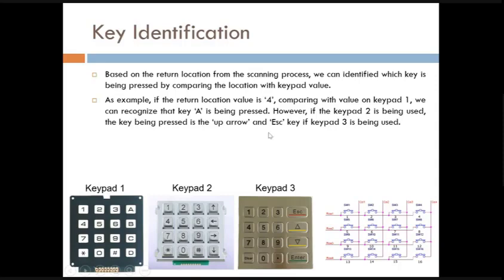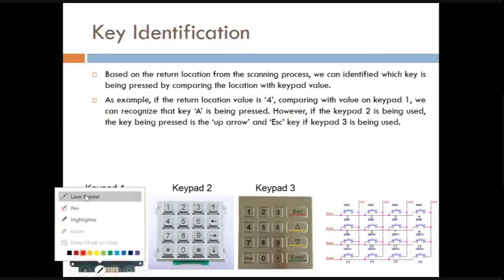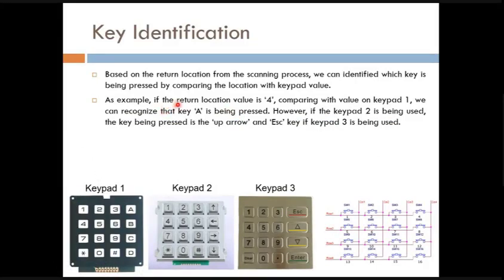So for example, if the return location value is 4, I start from the top one, based on the return location, not the actual keypad value. As you can see, there are many types of keypad.